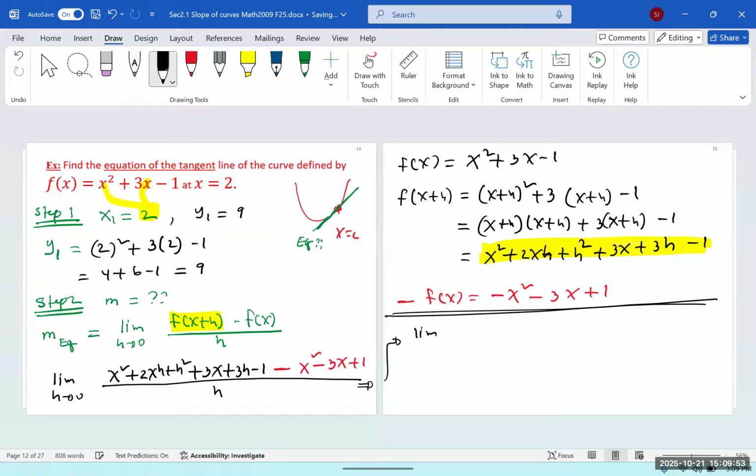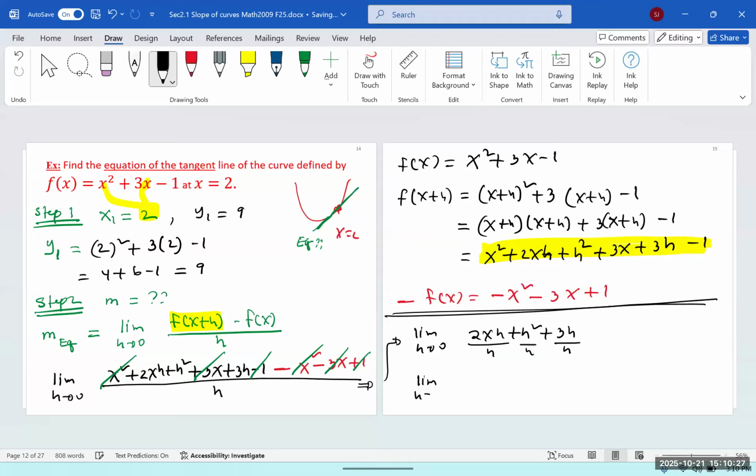We have limit h goes to 0. And what do you observe in the numerator? What do you see in the numerator? X squared, what else? 3x, and then 1. So what is left? And you divide all of them by h.